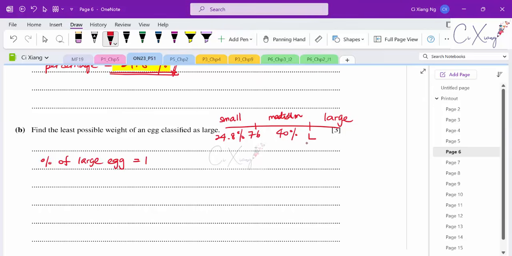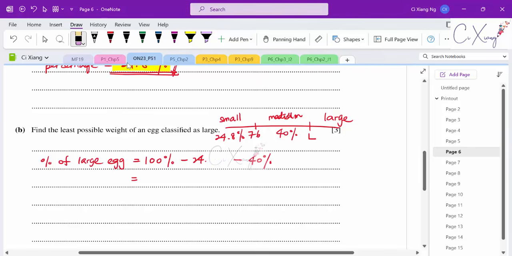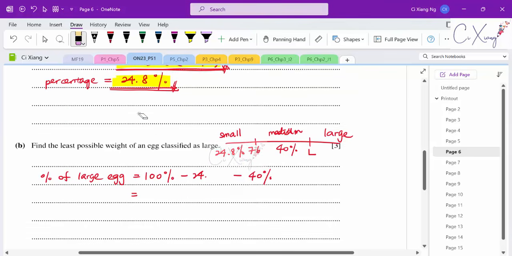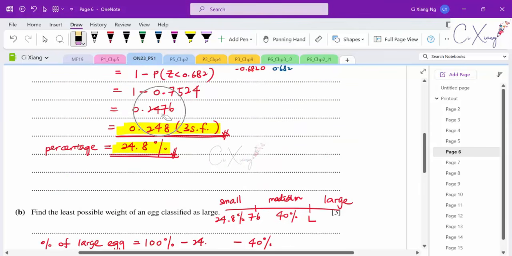It will be equal to 100%. Then you minus 24.8%, and you minus 40% again. And I want to know what is the percentage here. So by right, for the 24.8%, the original value that I got just now is 24.76.